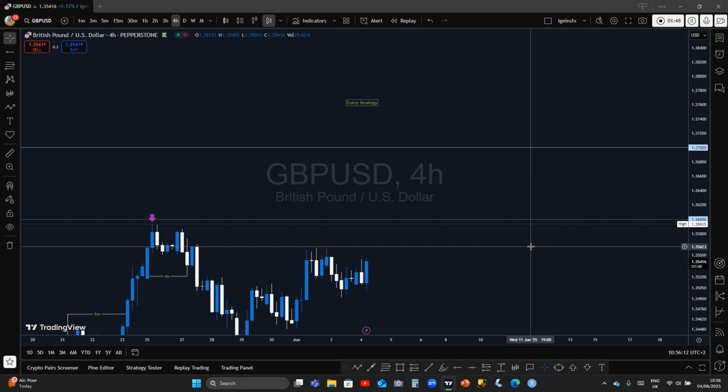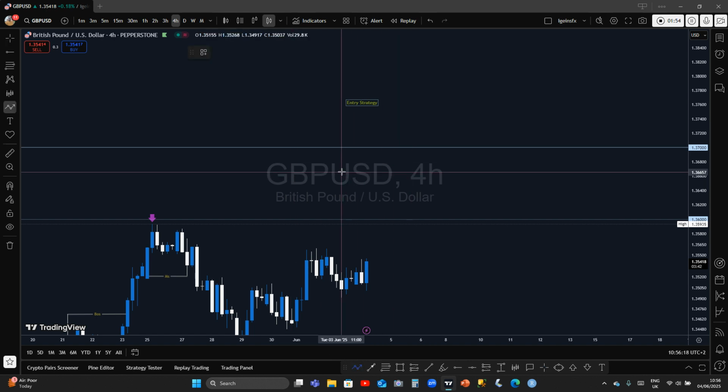Some people use double tops, like this. Let's say, for example, for you to get a double top, that means there's a current bullish trend that will create a high, now pull back.